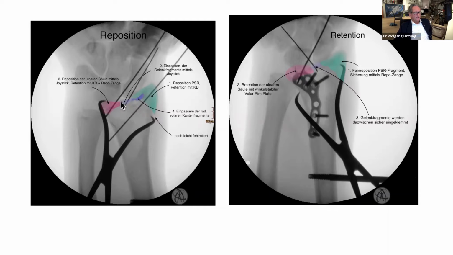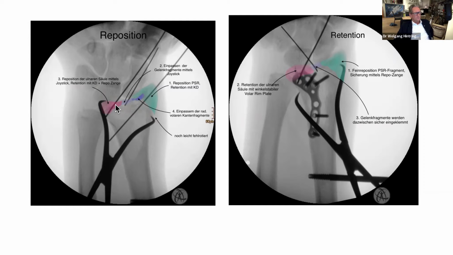You have to decide if you want to do first the ulnar corner or the radial styloid. He did the radial styloid first. The second step was that he put the turned-out articular fragment, you see with this K-wire as a joystick, into the articular surface and held it in position, and then reduced with a clamp the ulnar-sided volar key corner.